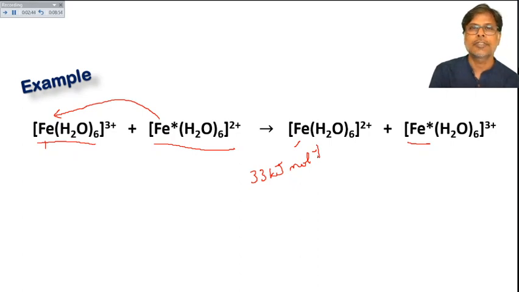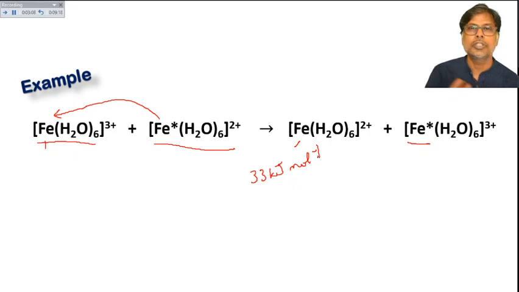That electron transfer occurs without the input of energy only when these orbitals have the same energy. But if you take a look at iron 2 and iron 3 complexes, the orbitals here, for example the T2G orbitals, do not have the same energy.